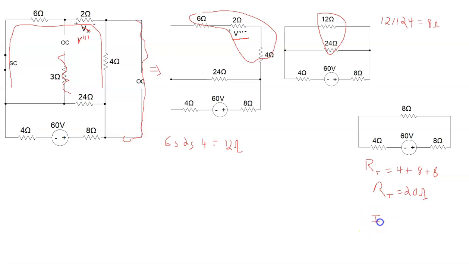And that means that IT is equal to V divided by RT, so 60 volts over 20 ohms, and that is 3 amps. Now, the 3 amps comes out of this source here, goes through this. So that means in this circuit we have 3 amps. In this circuit here we have 3 amps.